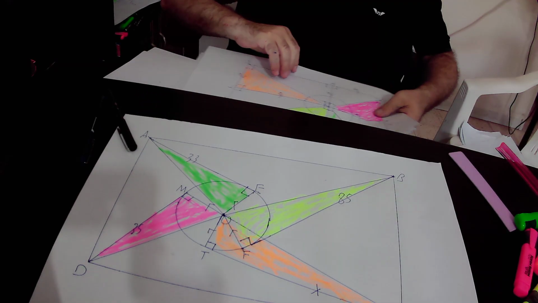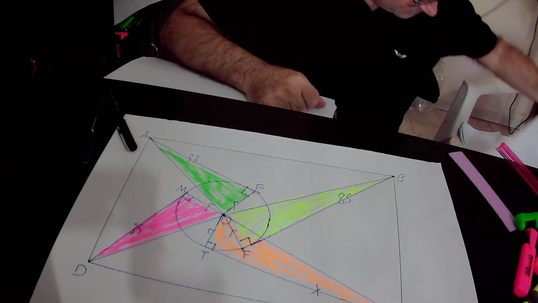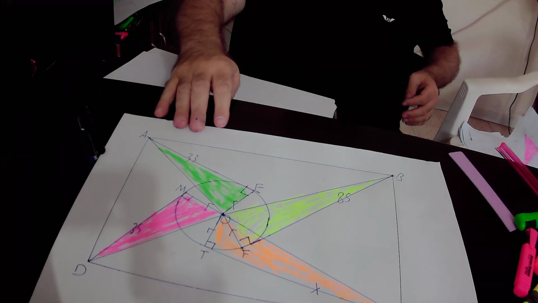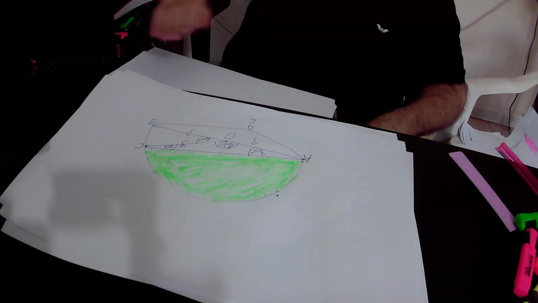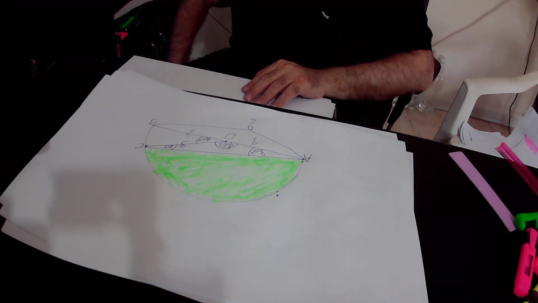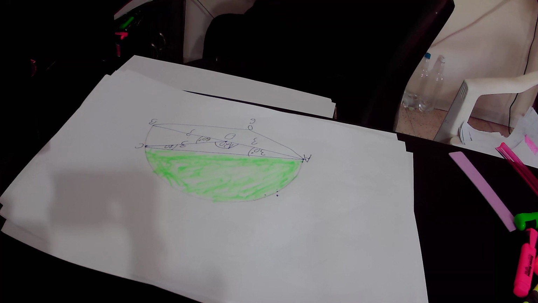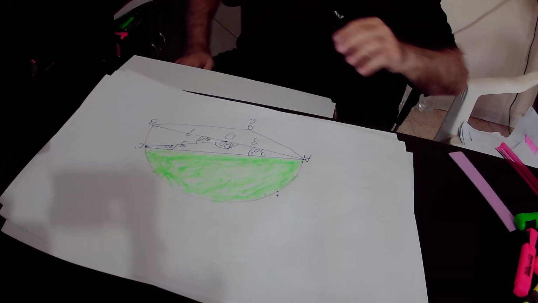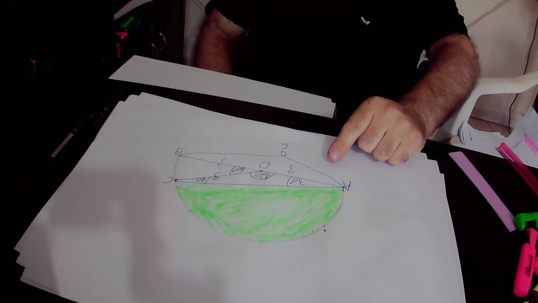So we finished with the first question, then I presented to you the second question, and we solved the second question in two different methods. So in the drawing, we have a semicircle.